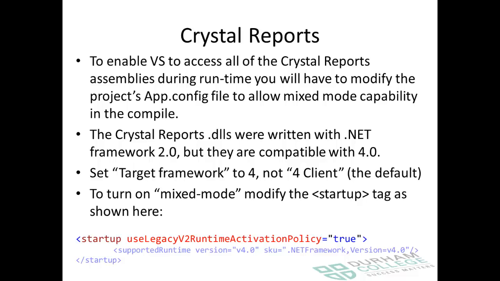It basically is the useLegacyV2RuntimeActivationPolicy equals true, and then we'll combine that with setting the target framework to the .NET Framework 4, not 4 Client. Typically Client is the default, and not 4.5. We'll do those two things, and we should be able to work straight on with Crystal Reports in Visual Studio.